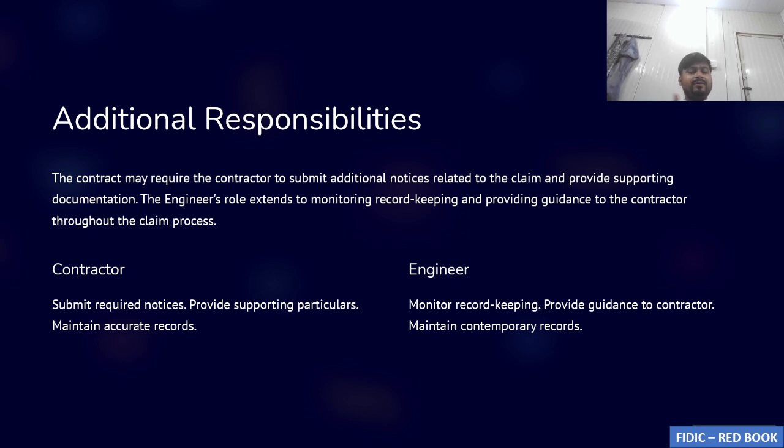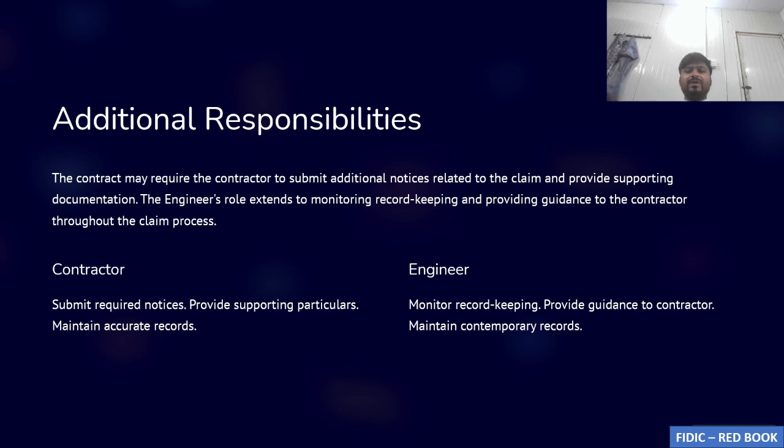And the contractor's responsibility is to note down whatever hindrances are happening and whatever impact they have, and within 28 days notify the employer to get his entitlement in terms of extension of time, variation in quantities, or payment.